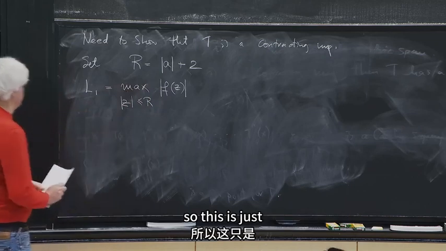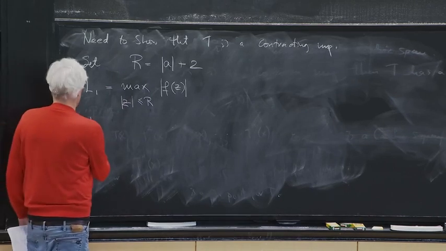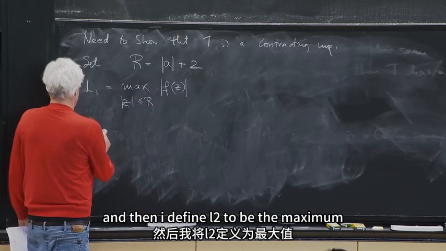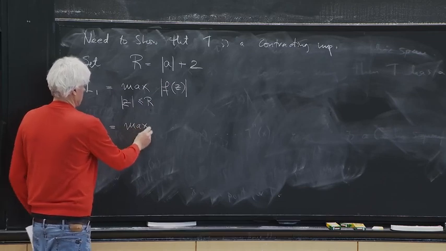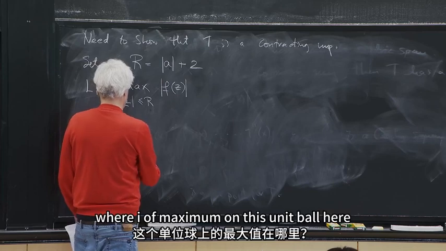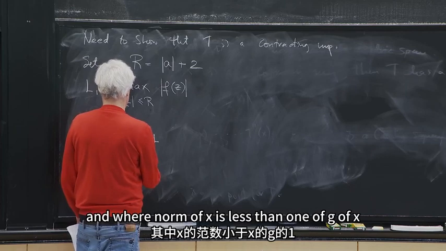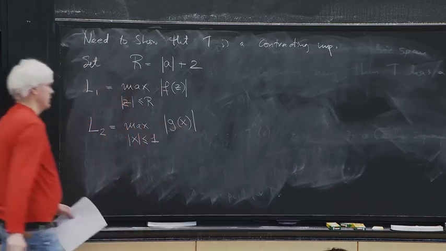So this is just some non-negative real number. And then I define L2 to be the maximum on the unit ball, where the norm of x is less than 1, of g of x.